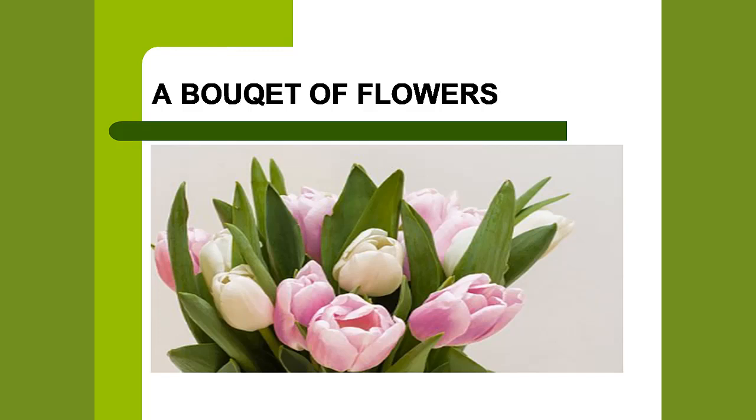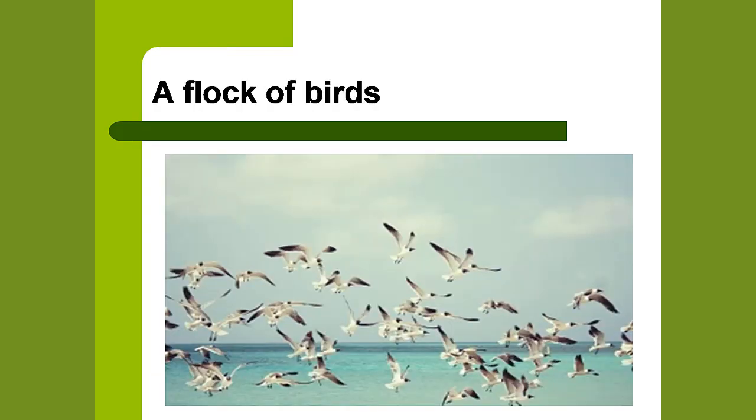Now there is another example of collective noun. You can find different collective nouns in your surrounding. Now there is another picture of a collective noun, a bouquet of flowers.